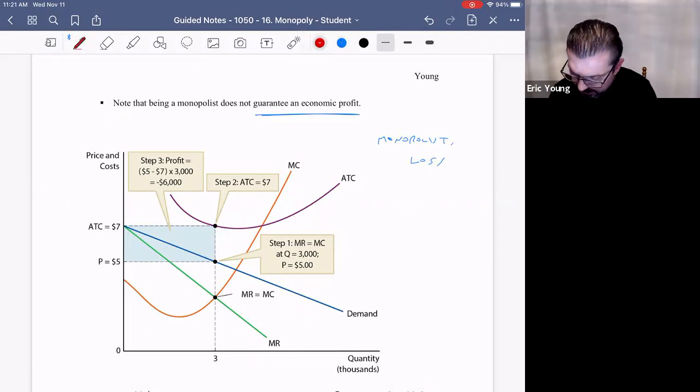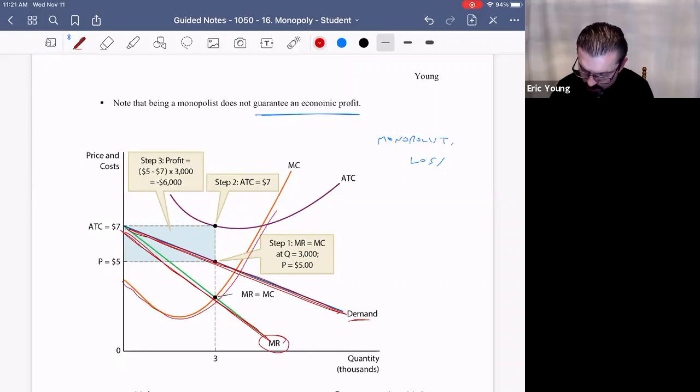We're going to have the downward sloping demand curve. So here's demand. And the downward sloping MR curve underneath it, there's MR. We're going to have our Nike swoosh MC curve. There's MC.